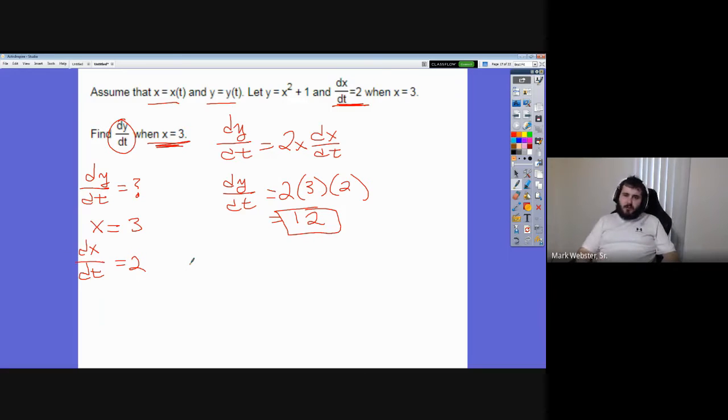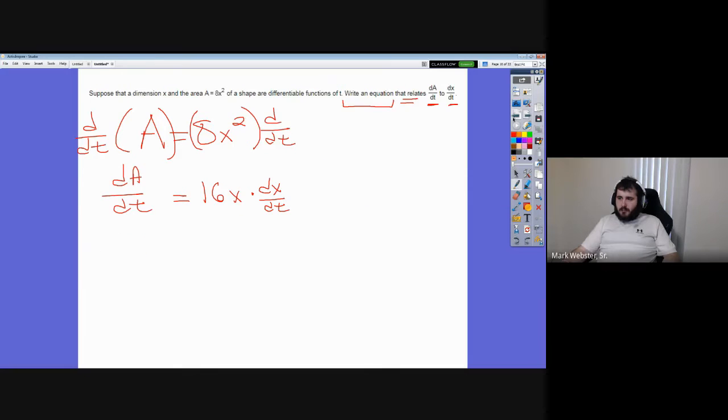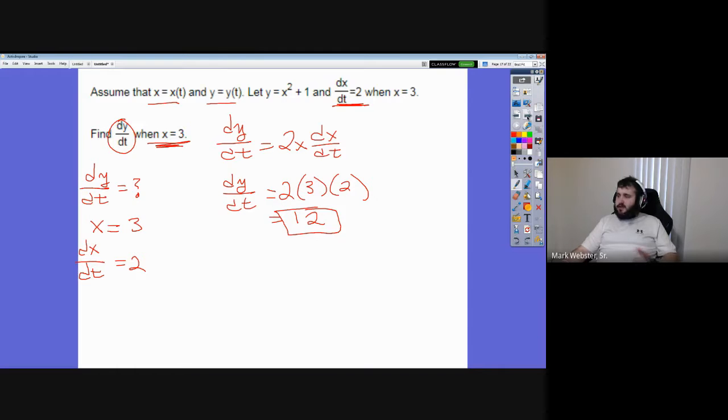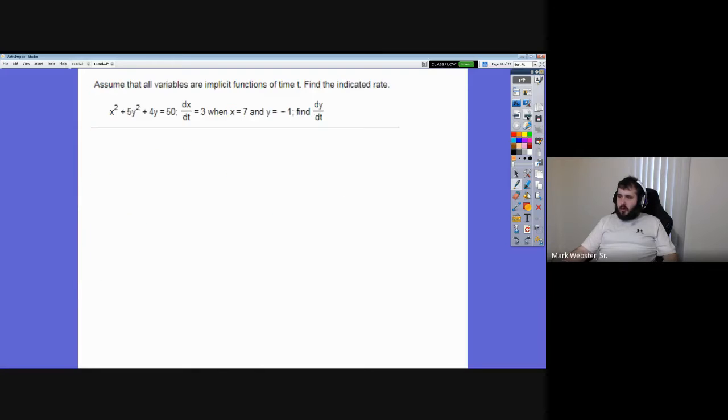If you can do this problem or this problem, you're going to have no issue with how this works. These are the basic skills that we're going to need to figure out what the answer is when it comes to a story problem.